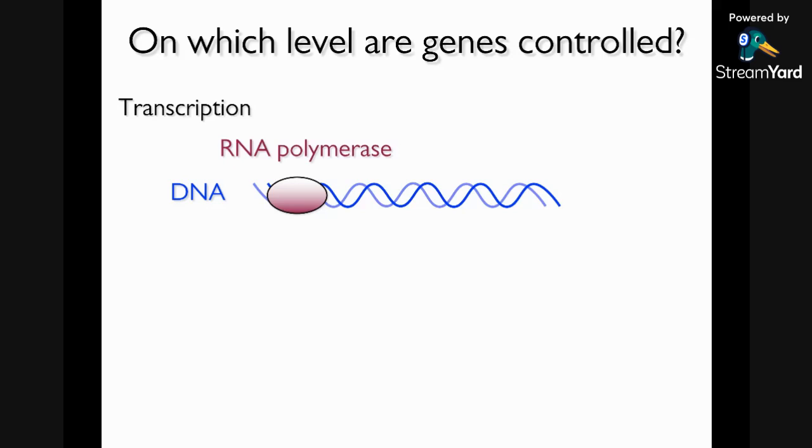The RNA polymerase can then translocate along one of the strands of DNA, copying it into an RNA product. And in the case of bacteria, because that's what we're going to focus on, the product is mRNA. There is nothing that needs to be done to the RNA product before it is mature and ready to be translated.